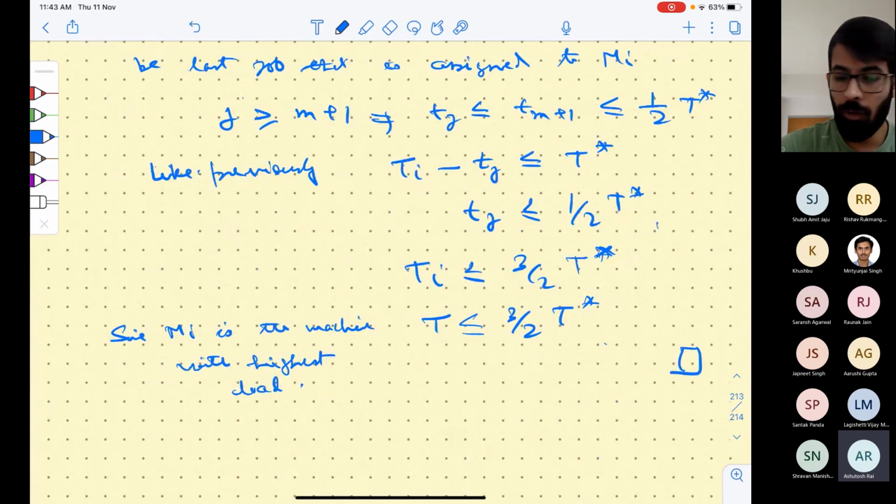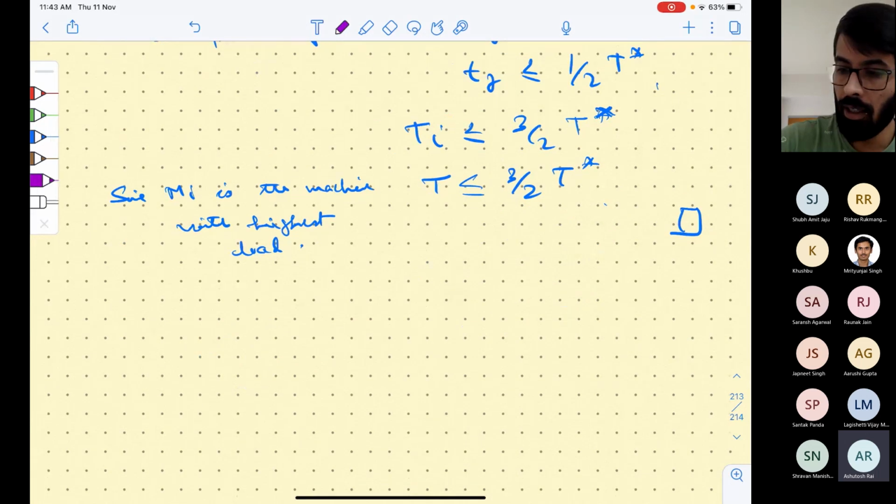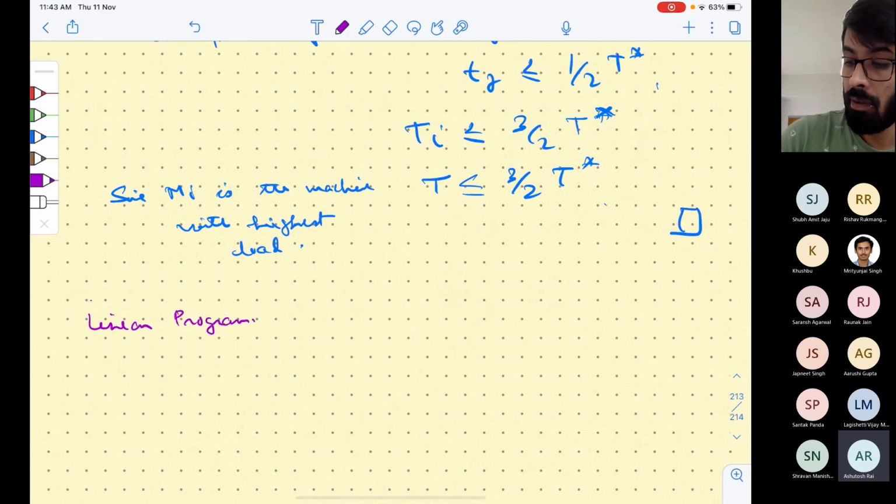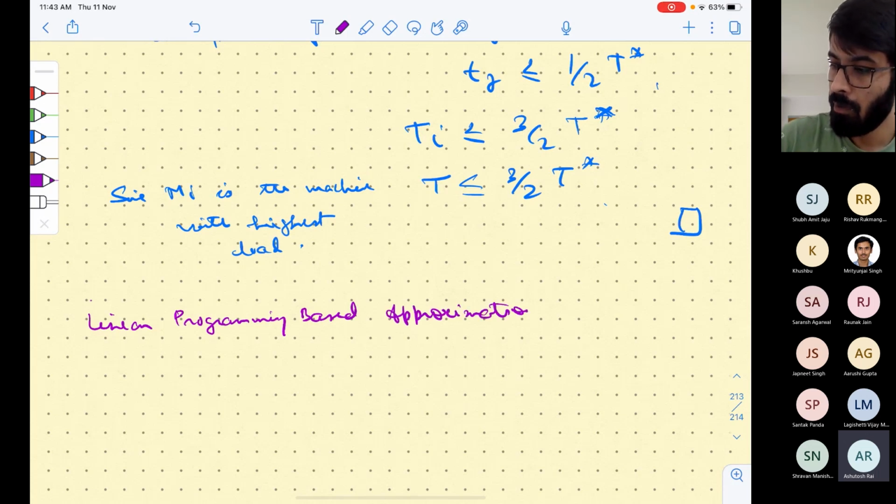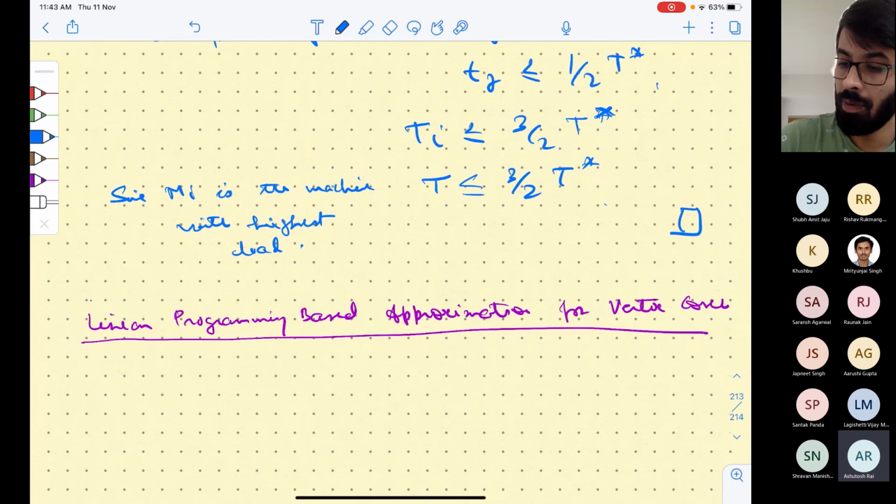I want to do one more algorithm very quickly because it has a mathematical flavor, and it is for vertex cover. So it's a linear programming based approximation for vertex cover. I'm not going to define the problem again.